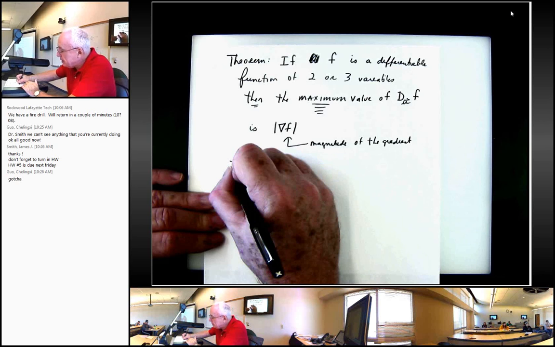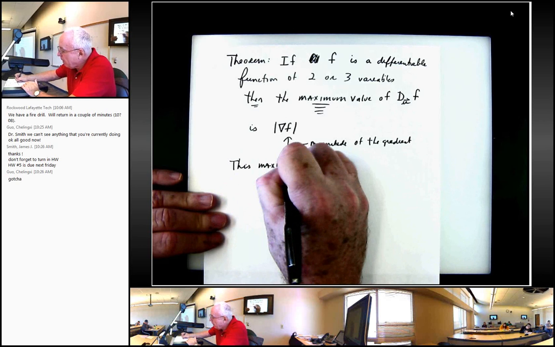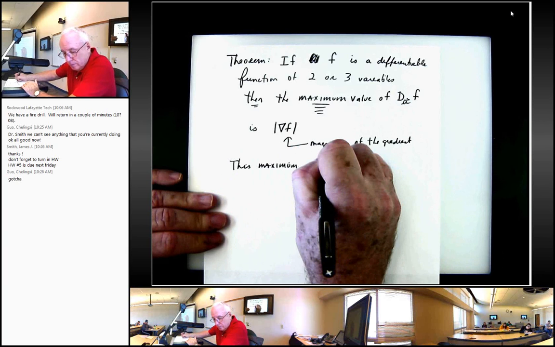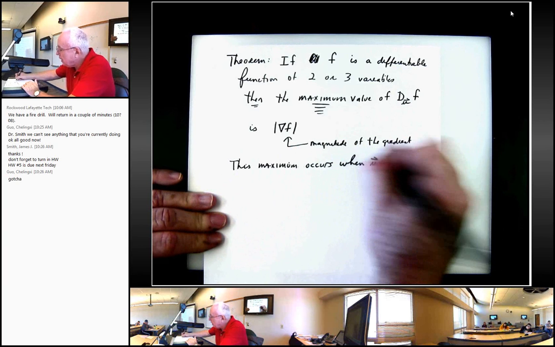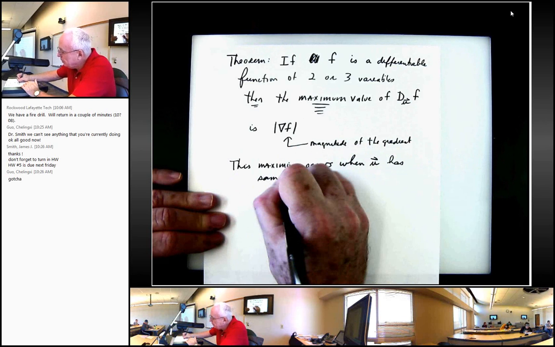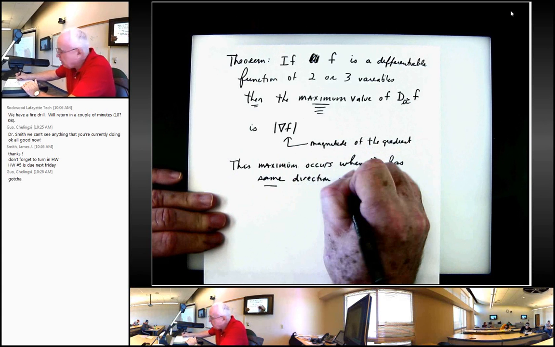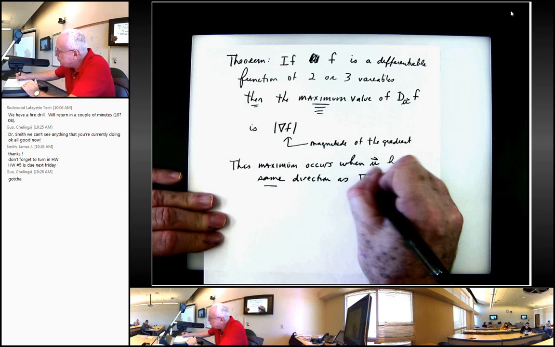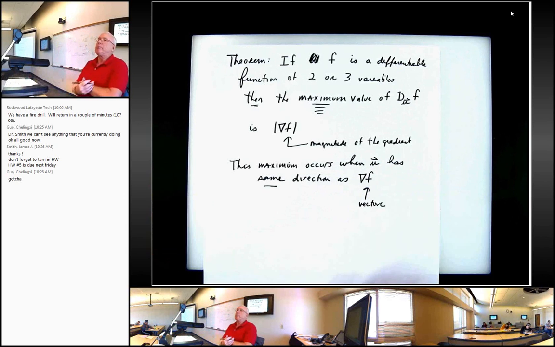So this maximum occurs when our unit vector u has the same direction as the gradient. Because remember, that is a vector. Okay.